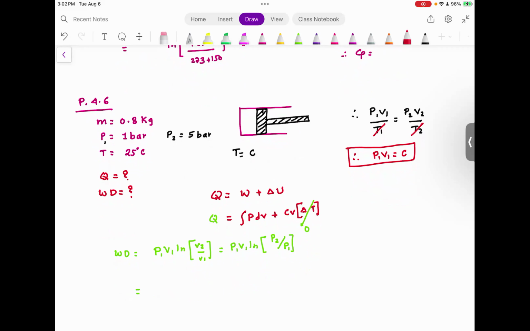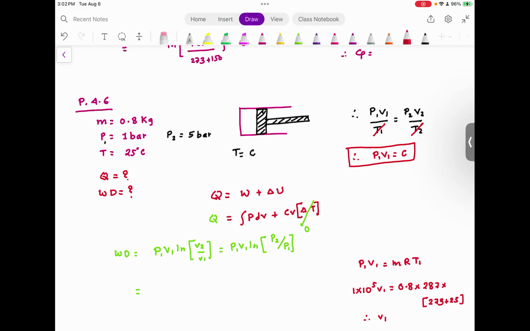So we can use the equation P1 V1 is equal to M R T1. P1 is 1 into 10 to the power 5. Mass is given as 0.8 multiplied by R is 287 multiplied by T1 is 273 plus 25, and from here get the value of V1.